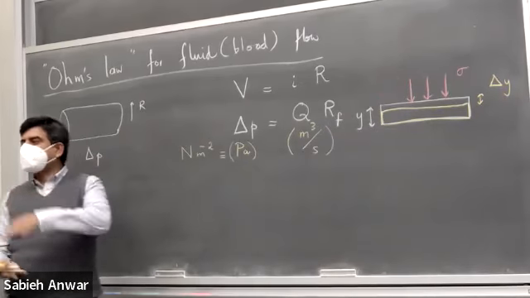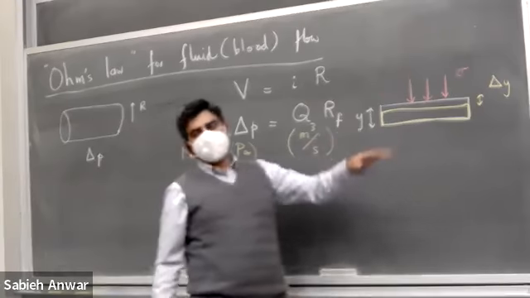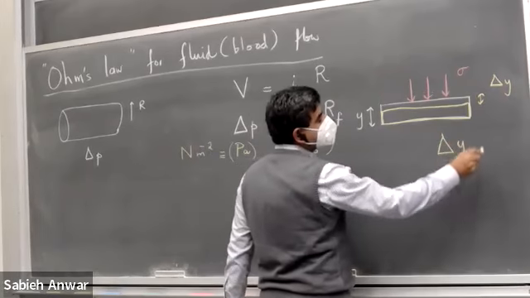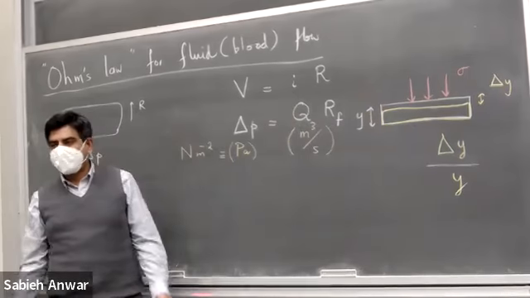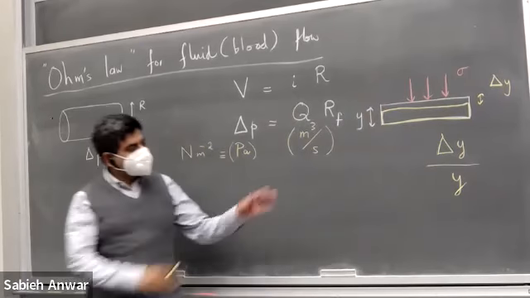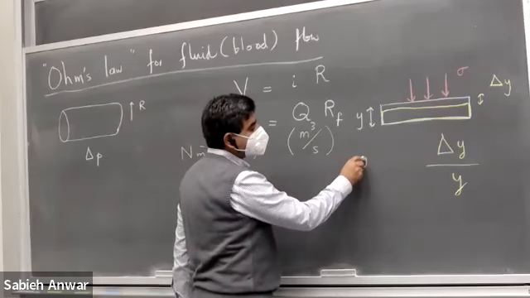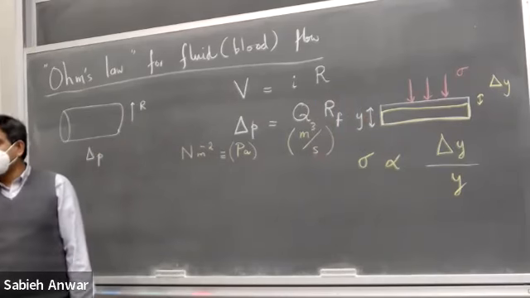Now, if this object is elastic, then we know that the strain in this object, which is defined as the change in its dimension with reference to some other dimension, y, is going to be proportional to the stress. Correct?